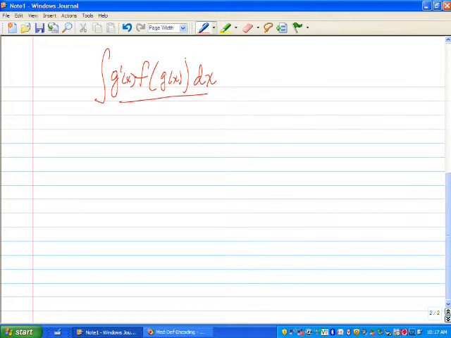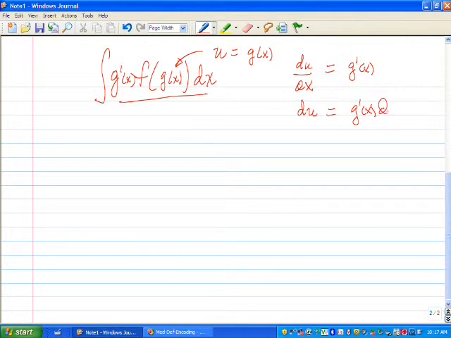So suppose we let u equal g of x. Notice that du dx is just simply g prime of x, and looking at the differential, we get du is equal to g prime of x dx.